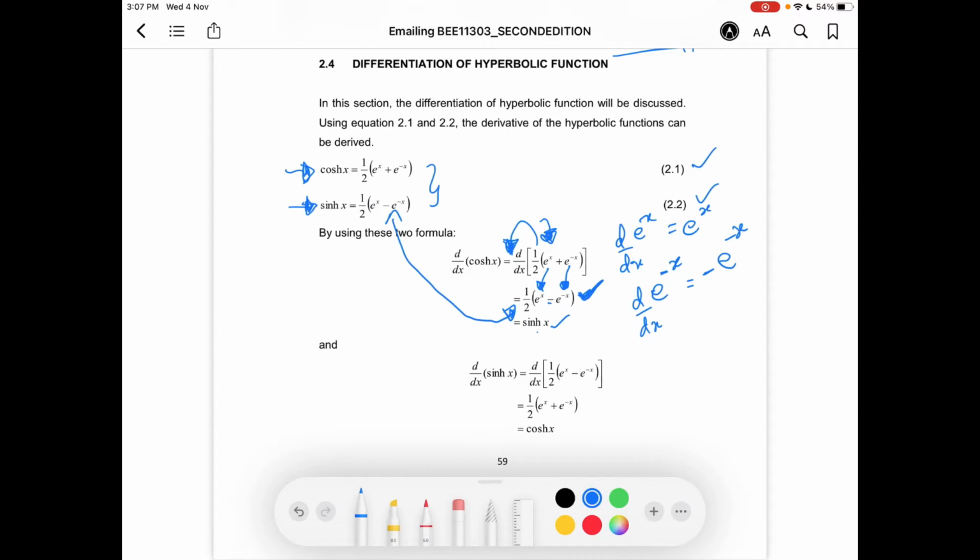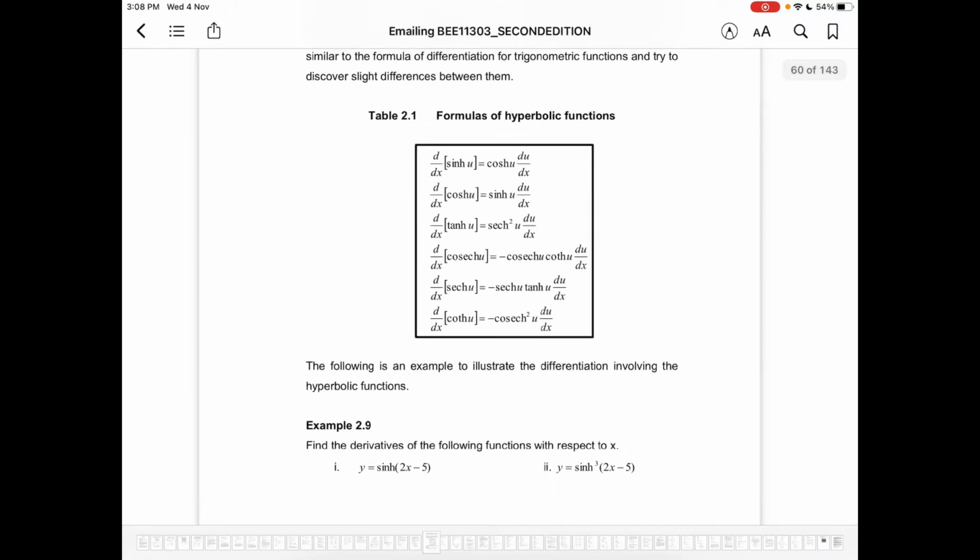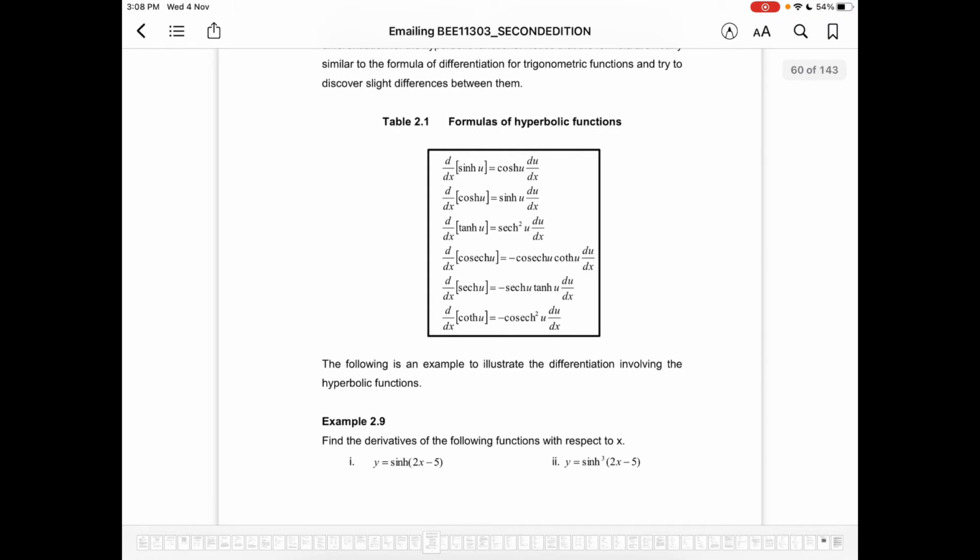And similarly, when you do differentiation on hyperbolic sine, we differentiate the second equation here, and the final answer will be hyperbolic cos. So basically, the way we differentiate hyperbolic functions is very similar to the trigonometry functions.